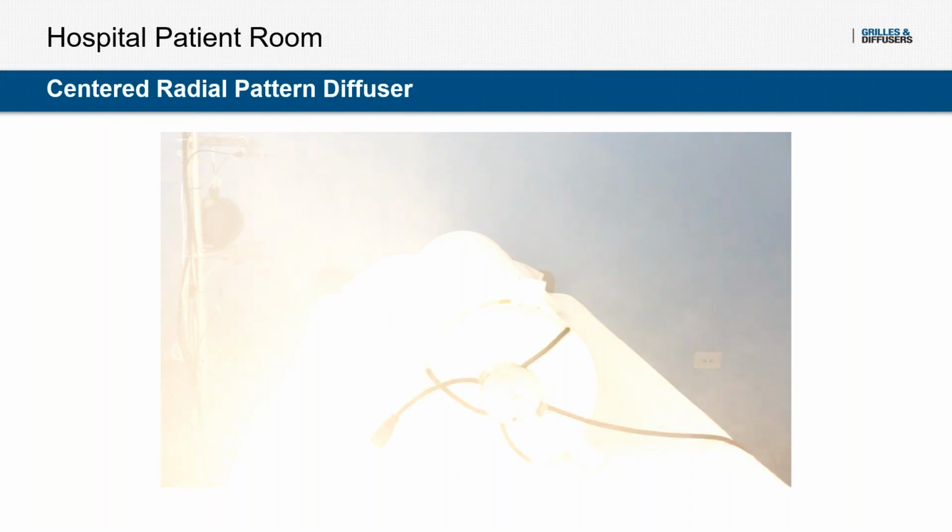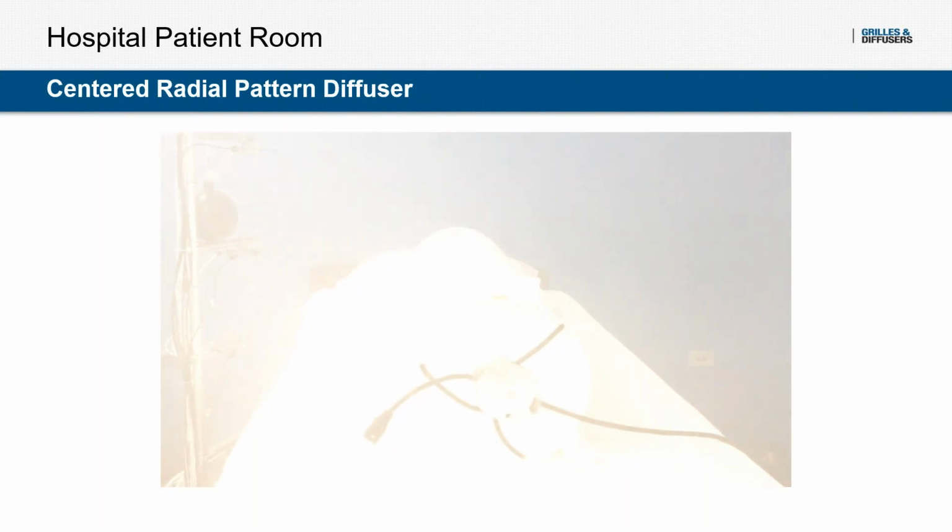So the patient is most likely going to feel some drafts and be uncomfortable if you have a radial pattern that's hitting that wall at a high velocity. So where should the diffuser be placed, and what type of diffuser should be used in this circumstance?